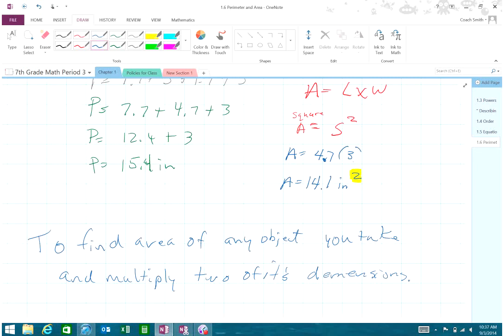We'll learn about triangles later, but at the end of your answer, if it was in inches, you would have to have inches squared. Any time you're figuring the area of any type of object, you must have whatever the label is and the square above it. Feet squared, inches squared, centimeters squared, yards squared, all of that. Okay? Yes, sir. Area only.